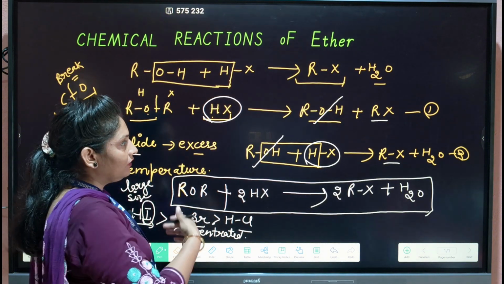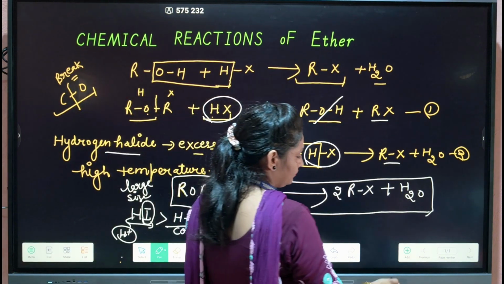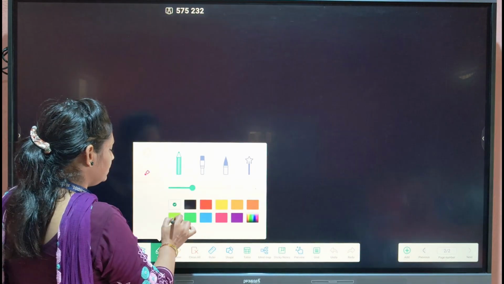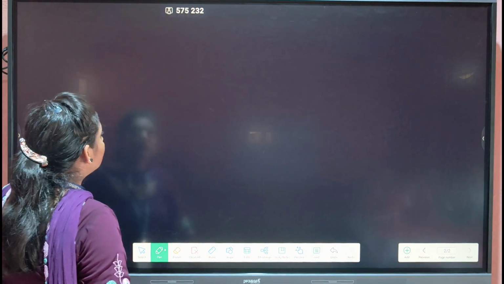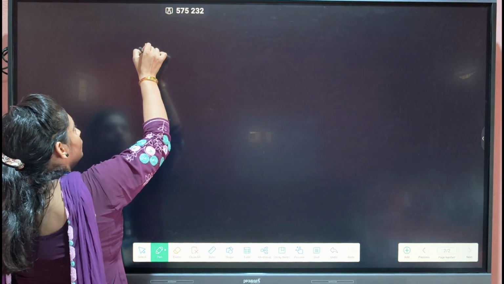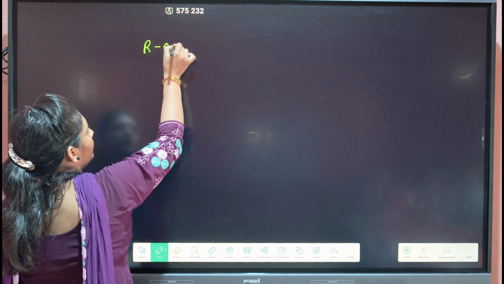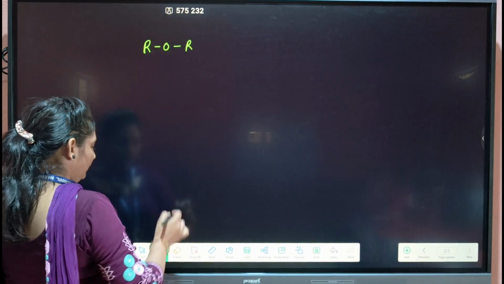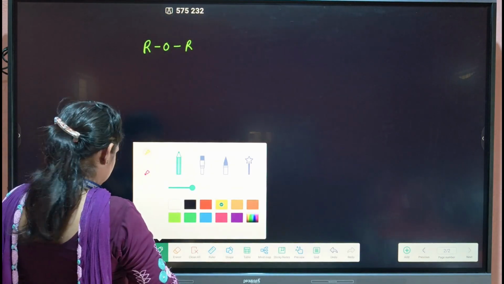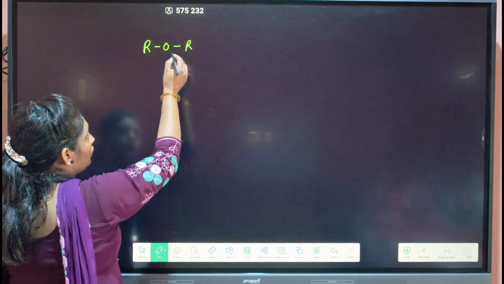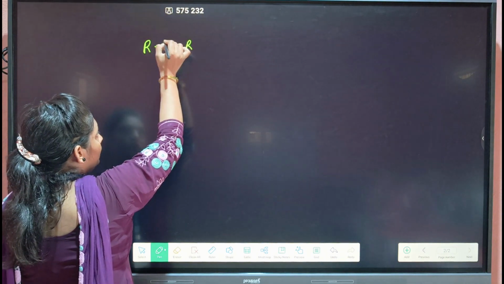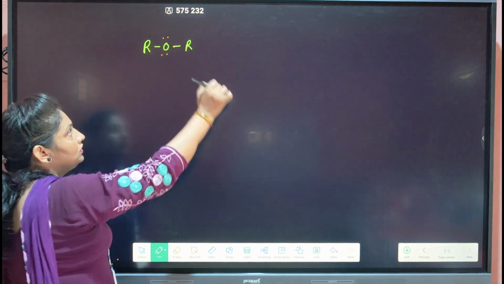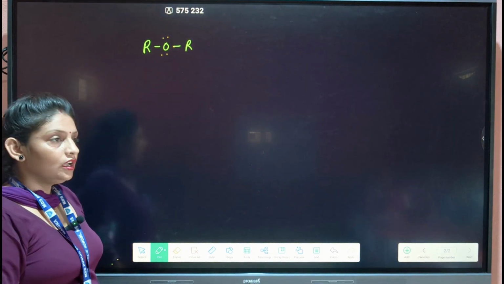Now we will see the mechanism of this reaction. What will be the mechanism for this reaction? First of all, we have ether. You know very well, oxygen has 6 electrons in the outermost shell. So 1 electron it consumed here, 1 here, so it has 2 lone pairs.